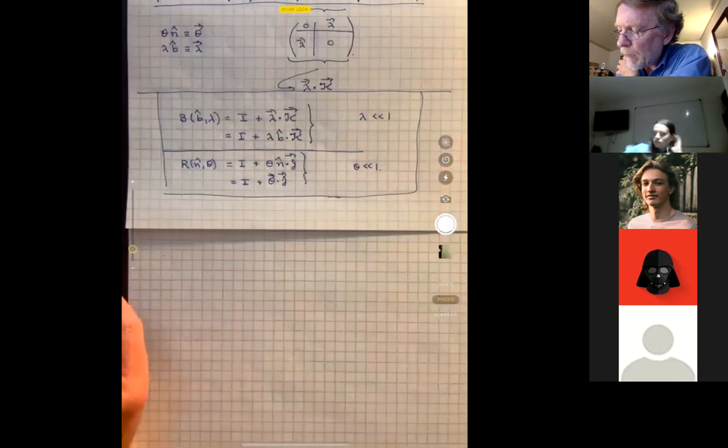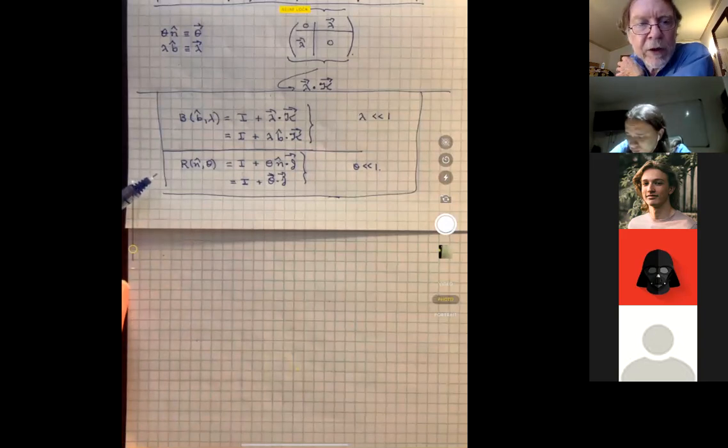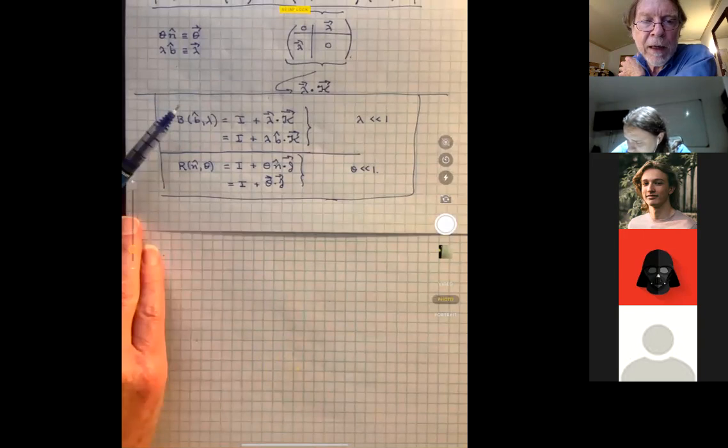All right, so to summarize, what we've done for boosts is we've kind of filled in all the details we already had for rotations. We worked out the meaning of boost as an active transformation. We saw the matrices for boosts along the x, y, and z coordinate axes. We generalized that to a boost in any direction. We then made the rapidity small so that we got an infinitesimal boost, and that's what's being displayed here.